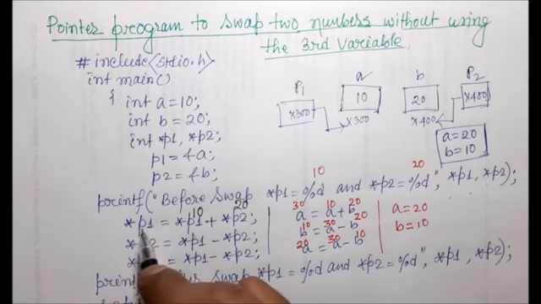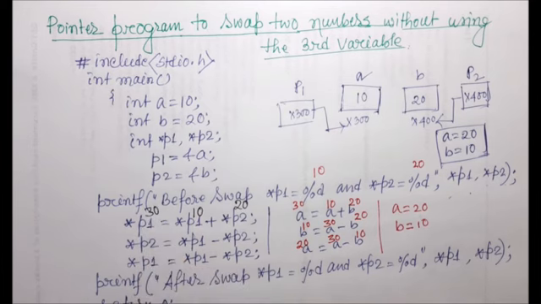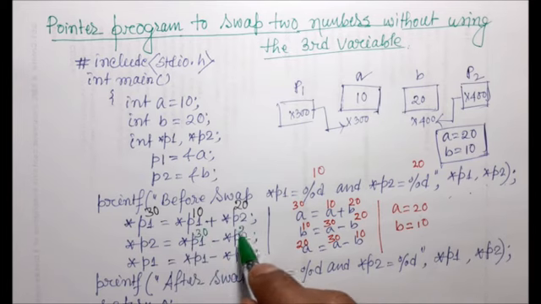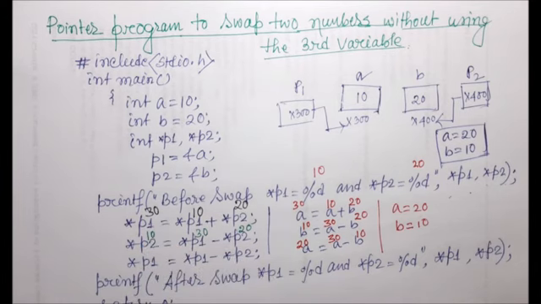So star p1 means it will assign the value 30, and then here star p1 means 30 and star p2 means 20. I have not changed it, the initial value was 20 and that is why it is also 20. So 30 minus 20, so I will get 10 here.